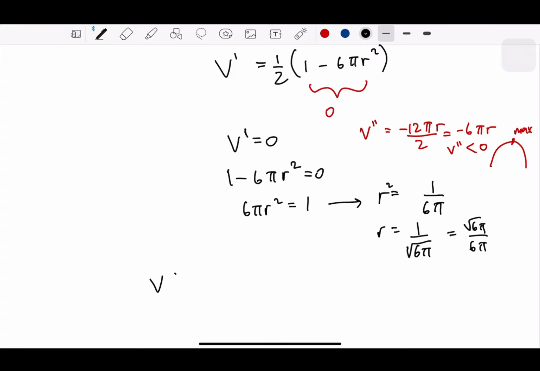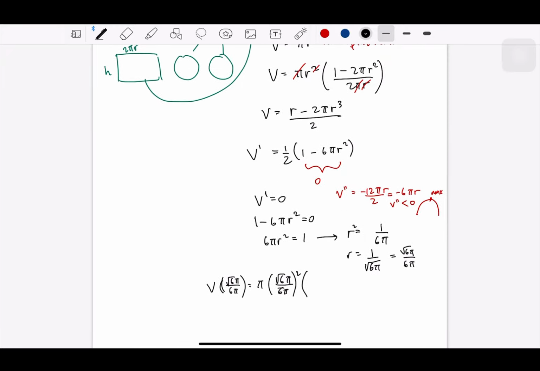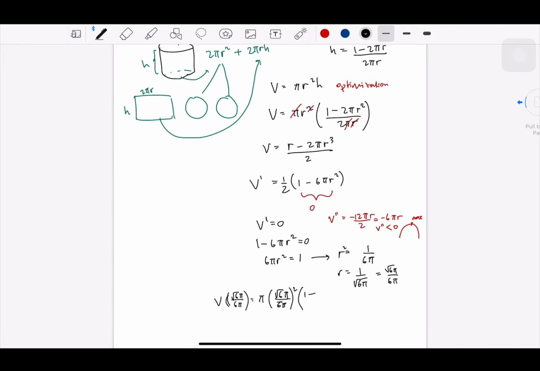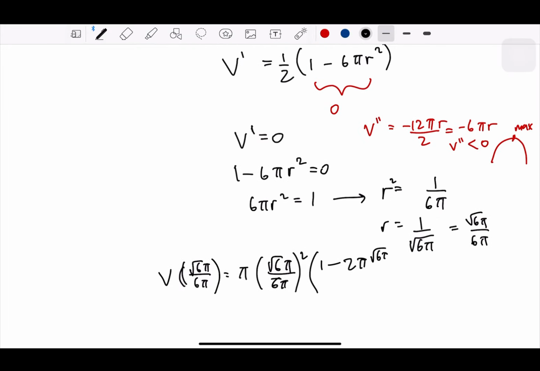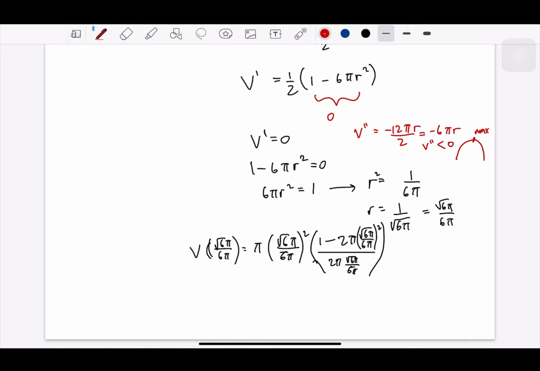So the local maximum is, if we plug in this point, pi r squared h, and h is 1 minus 2 pi r squared over 2 pi r, with the same r squared. If this happened in the exam and you feel that this will be exhausting, just stop here, it's complete.